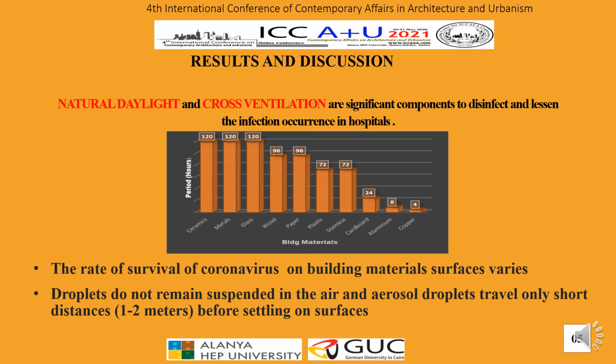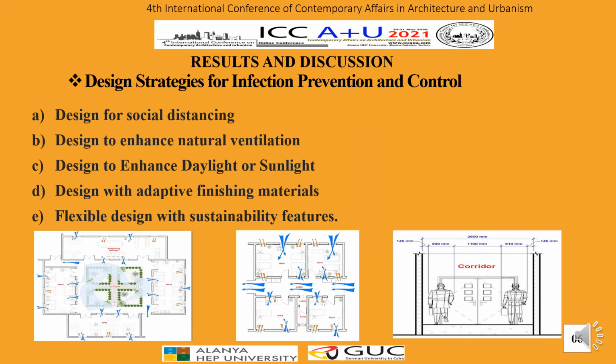Also, for ventilation to be adequate to inhibit the spread of microbacteria, the ventilation rate must not be less than 12 ACH. Based on the findings, the study therefore suggests the following design strategies for infection prevention and control within the built environment. Number one, design for safe distancing.